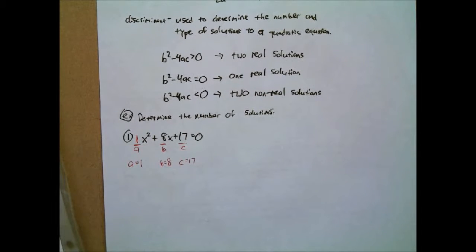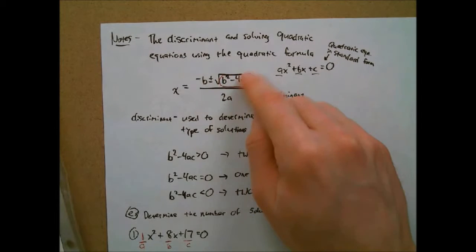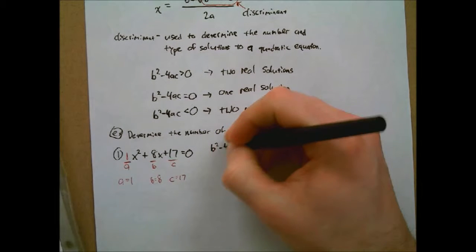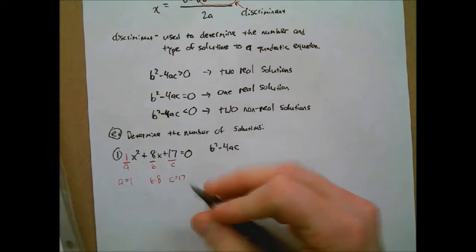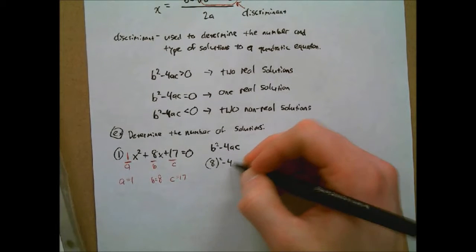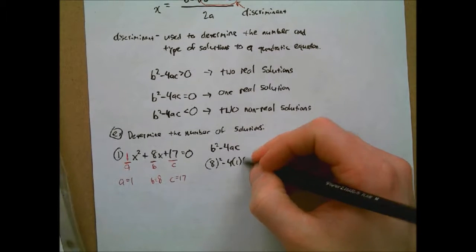Now, the discriminant, remember, is just this part right inside the square root here. So we're going to do b squared minus 4ac. We'll plug in for b there. So it's going to be 8 squared minus 4 times a, which is 1, times c, which is 17 in this case.